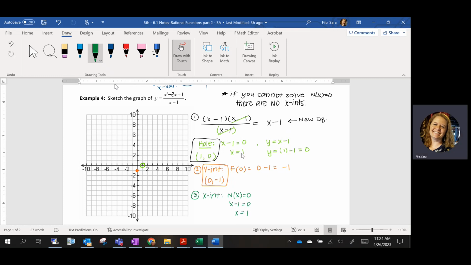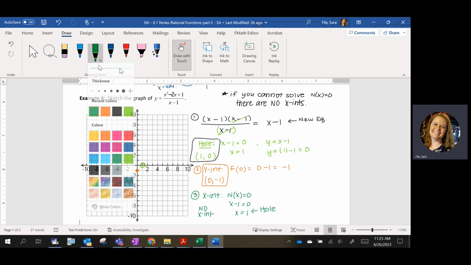Same thing I got for the hole, because those factors were the same. Do you see that? That's why those came out the same. But do I actually have an x-intercept at 1? No, it's a hole. There's a hole there. So this means there is no x-intercept. Okay? Because there's a hole where it should be.